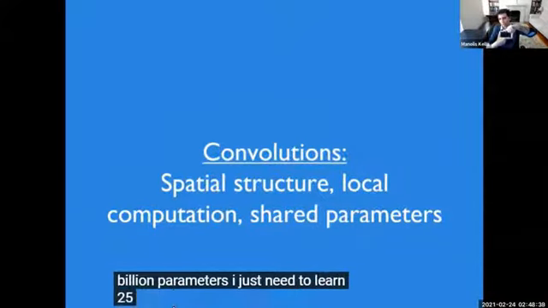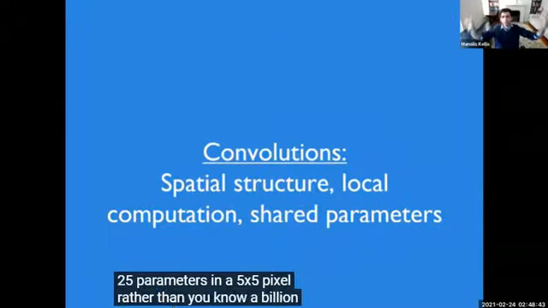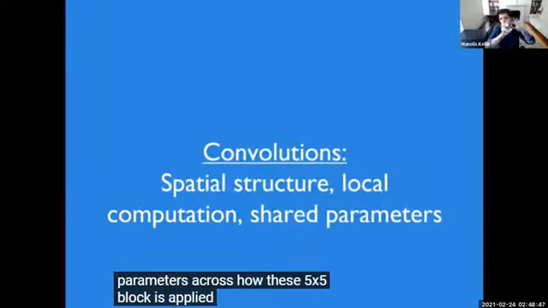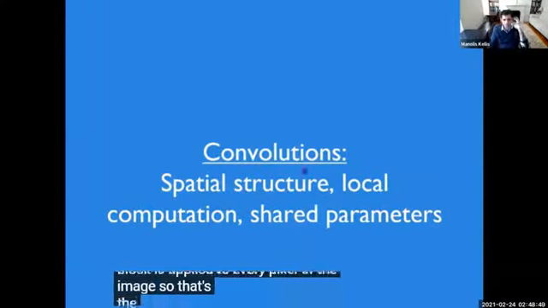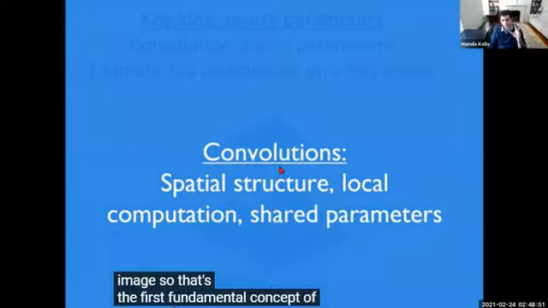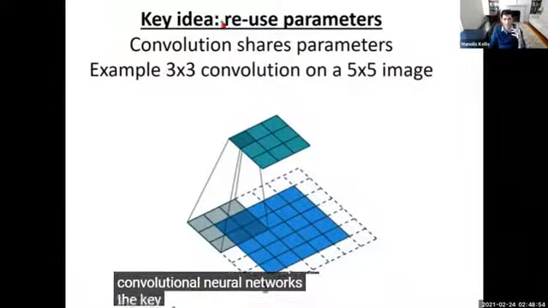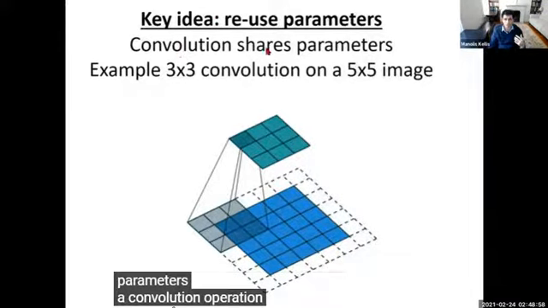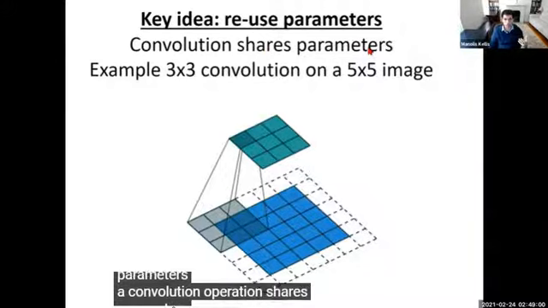I just need to learn 25 parameters in a 5x5 pixel block, rather than a billion parameters across how this 5x5 block is applied to every pixel of the image. So that's the first fundamental concept of convolutional neural networks. The key idea is that we're reusing the parameters. A convolution operation shares parameters.